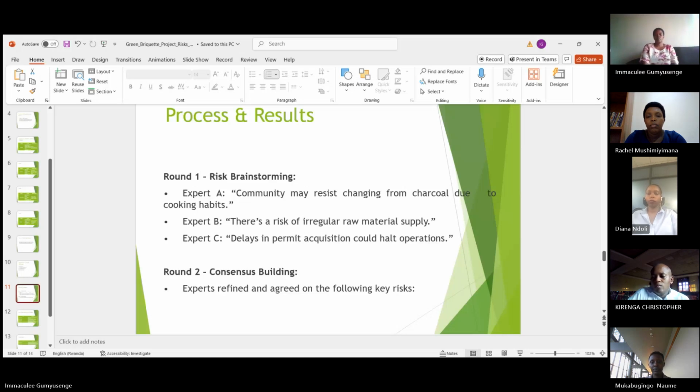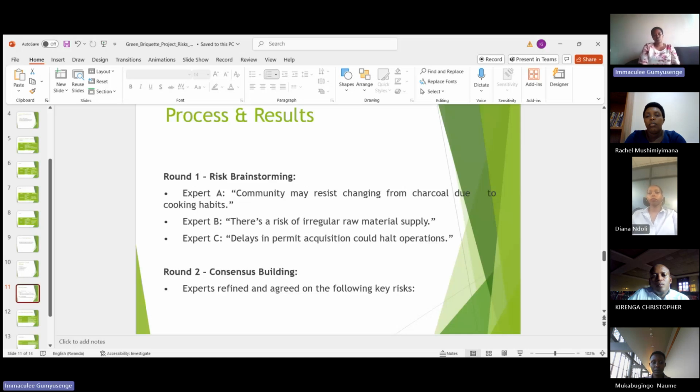Expert A found that the community may resist changing from charcoal due to cooking habits. Risk B, provided by expert B, is the risk of irregular raw material supply. Third, delays in permit acquisition could hurt operations.